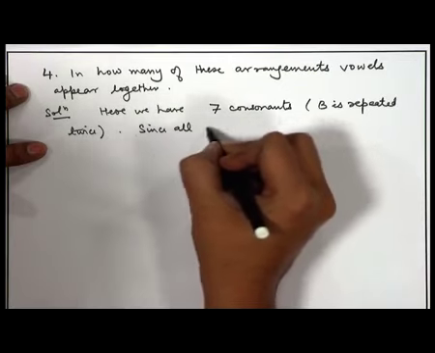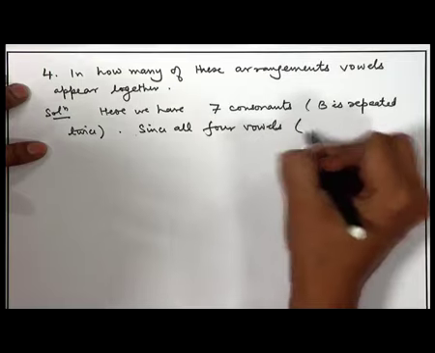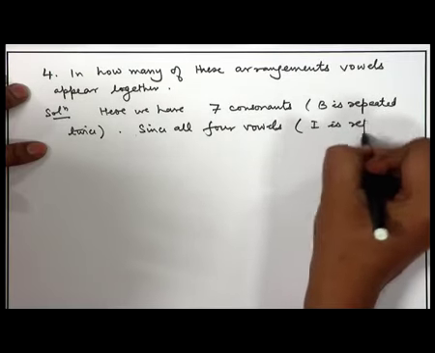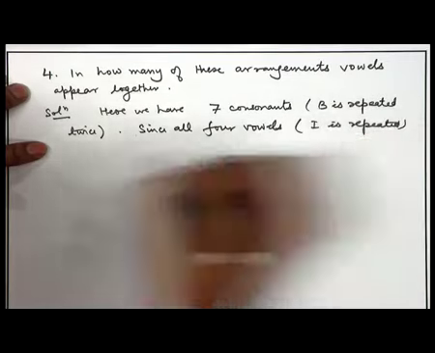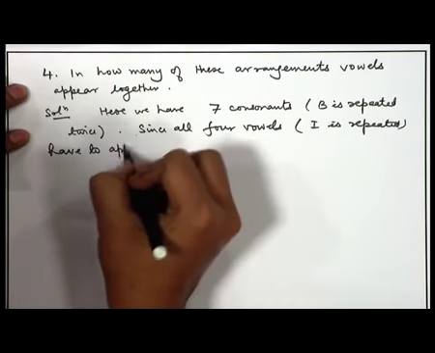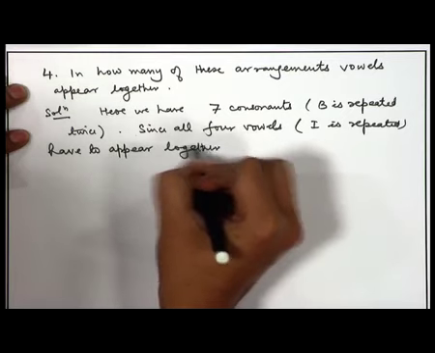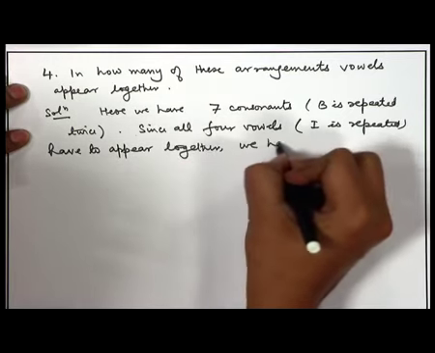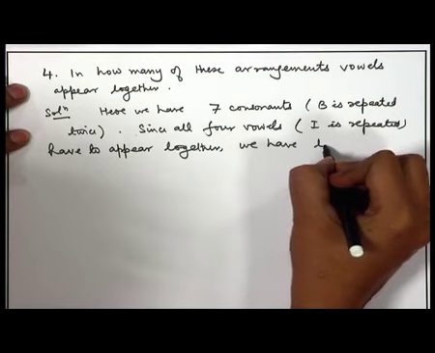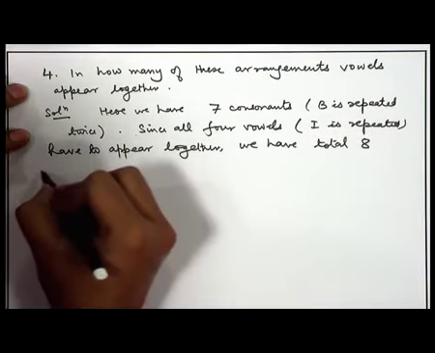Since all 4 vowels, where I is repeated, have to appear together, we have a total of 8 items.